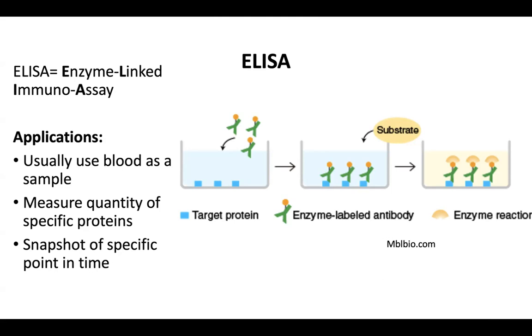But one thing to keep in mind is that when you collect the blood at a specific time, you take a snapshot of the immune response. So if you want to see how that immune response changed over time, you would have to collect time course samples and look at each time point to understand the dynamics of how much of those immune proteins change in the system.